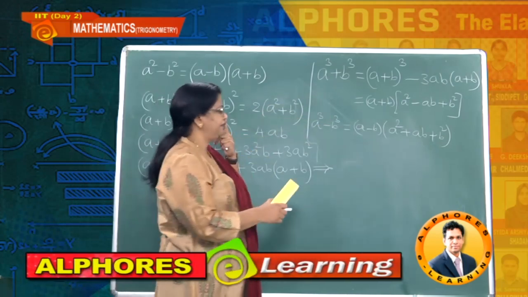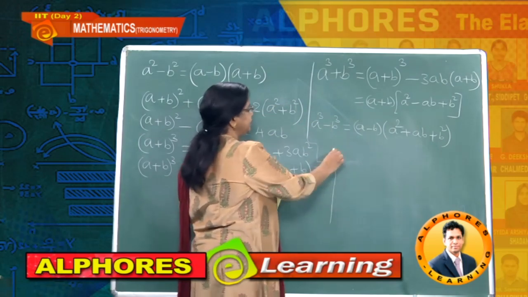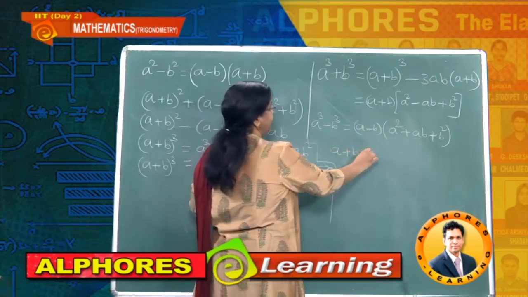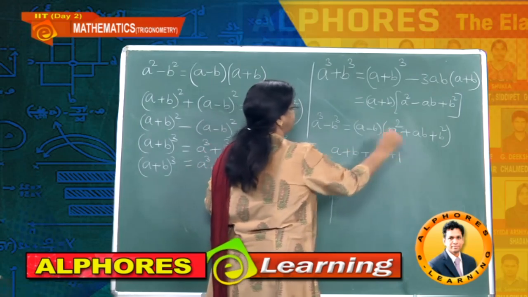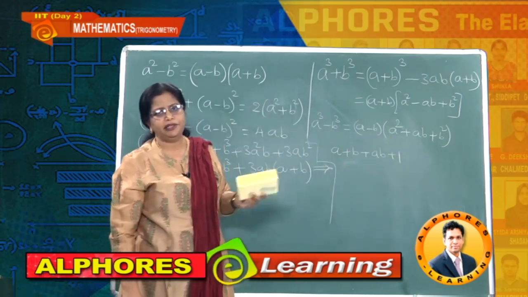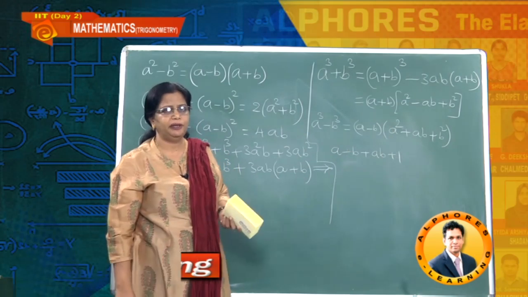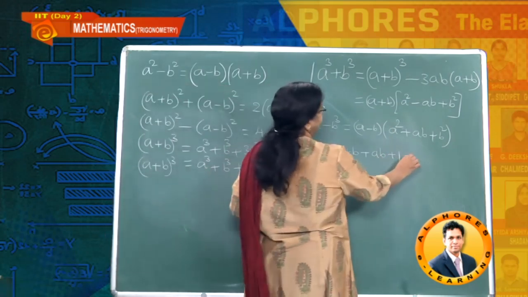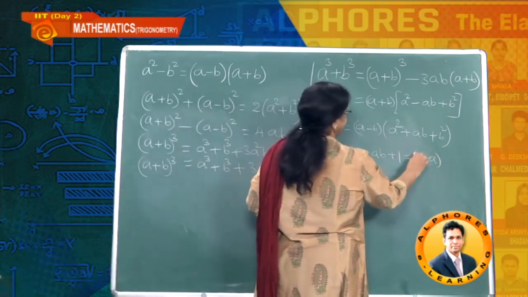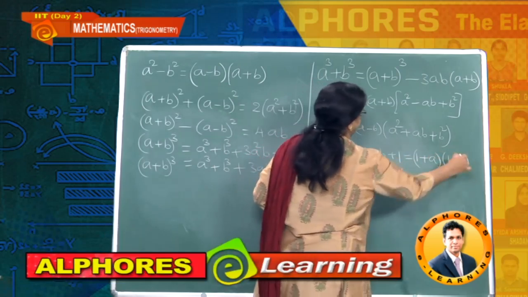And now suppose I write another formula, that is a plus b plus ab plus 1. This also comes up many times in trigonometry and many other applications. So this formula I can use as (1 plus a) into (1 plus b) directly.